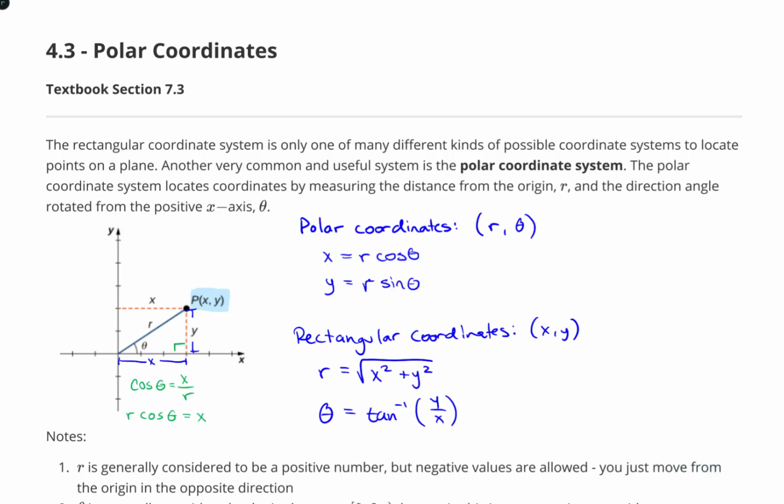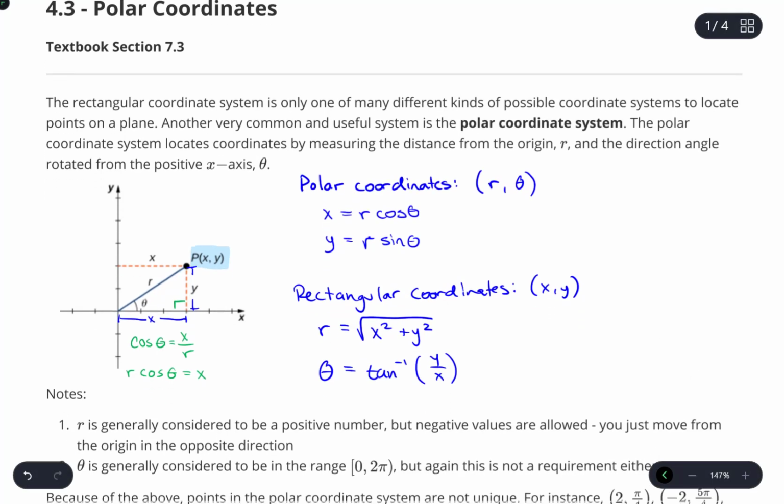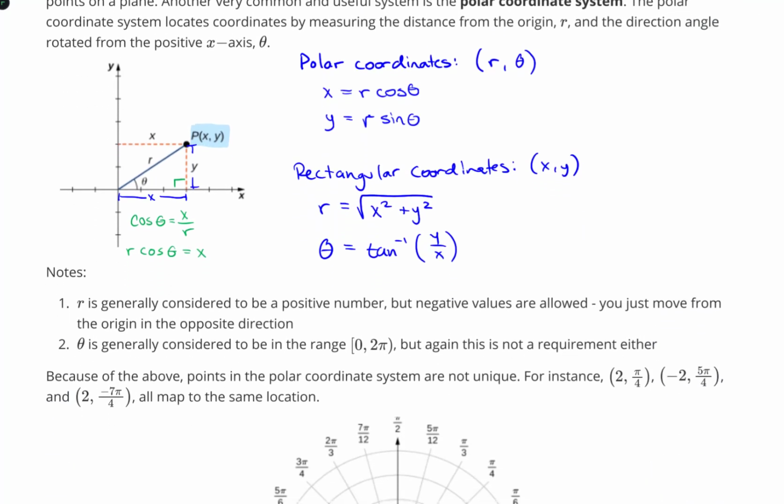And so that's how we transform to and from rectangular and polar coordinates, which I'll do a few examples of in just a moment. I would like to talk a little bit about graphing first. In trigonometry, we generally have very specific bounds on our values of polar coordinates.